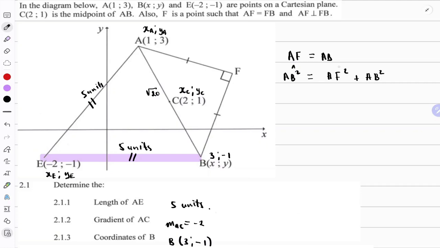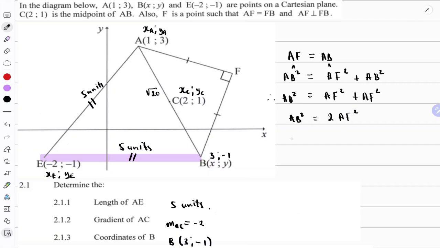But since AF is equal to FB, we can say this is equal to AF squared plus AF squared. So therefore AB squared should be equal to 2AF squared.